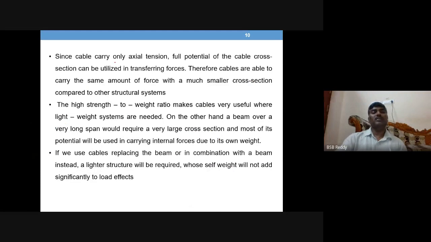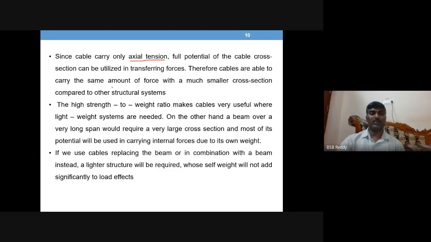So cables will carry only axial tension. Full potential of the cable cross section can be utilized in transferring forces. This content is already known to you. We'll be extensively explaining this in case of stresses in beams: how an axially loaded bar is different from a laterally loaded member called a beam.